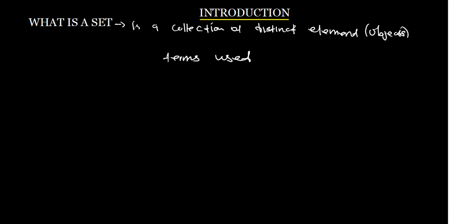The other thing that we are going to talk about now: if I say A is a subset of B, meaning that the elements found in A are found in B, and B should have even extras.